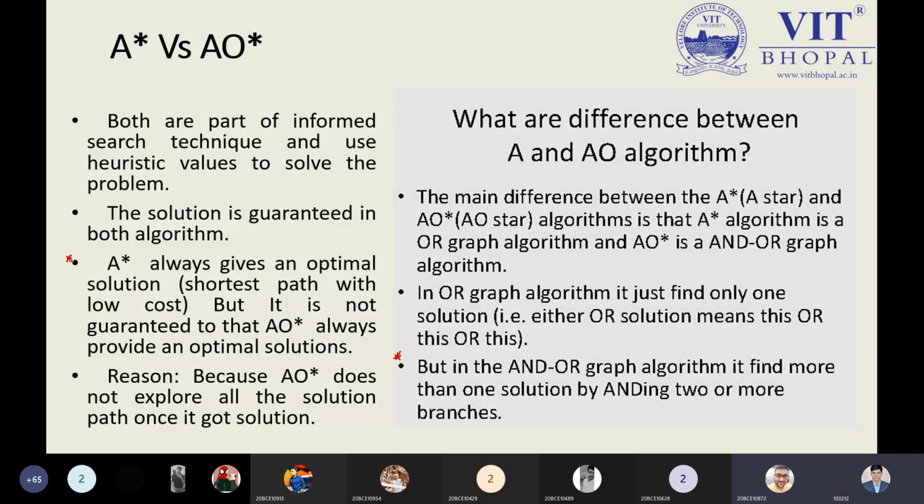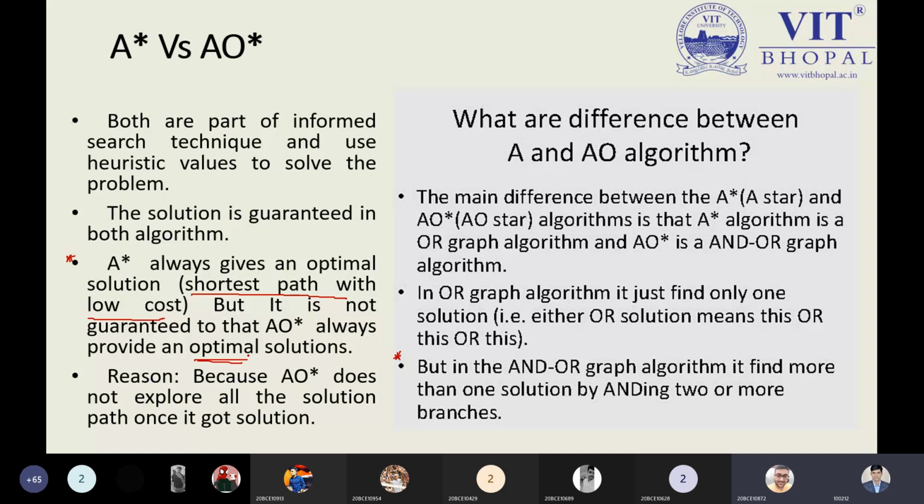A star algorithm always gives an optimum solution based on the shortest path with the lowest cost. But it is not guaranteed that AO star always provides the optimal solution. If you remember the A star algorithm in the other example, we chose A, B, E, Y because it supports the shortest path.